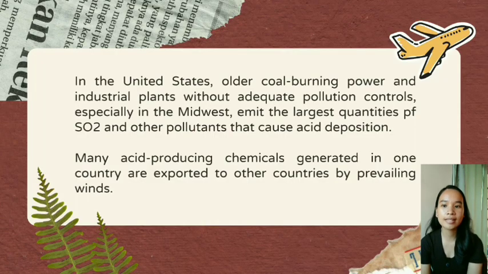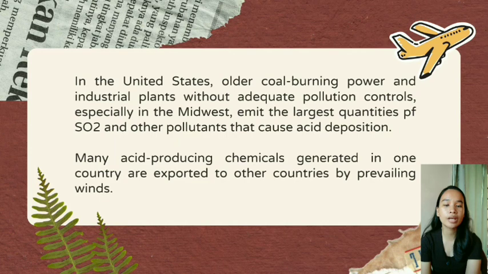In the United States, older coal-burning power and industrial plants without adequate pollution controls, especially in the Midwest, emit the largest quantities of SO2 and other pollutants that cause acid deposition. Because of these emissions and those of other urban industries and motor vehicles, typical precipitation in the eastern United States is at least 10 times more acidic than natural precipitation is.